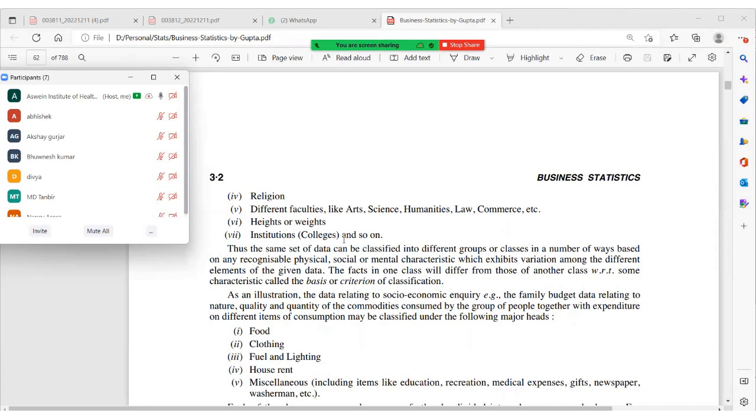So what we do, we arrange those 50 students into groups, right? For example, I took the test out of 20 marks, right? So most of the students got either 16, 17, 18, 19 or 20. That's it, right?